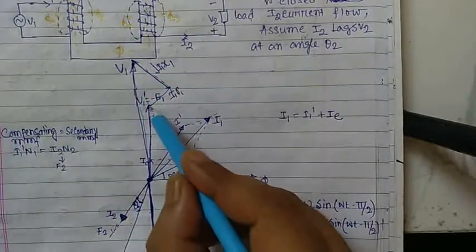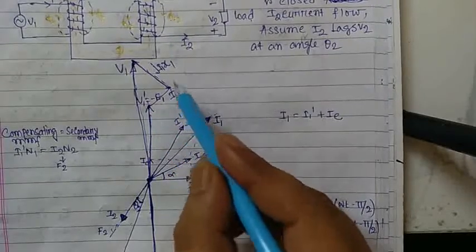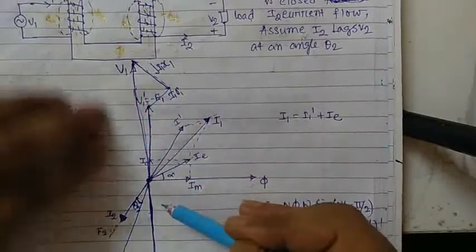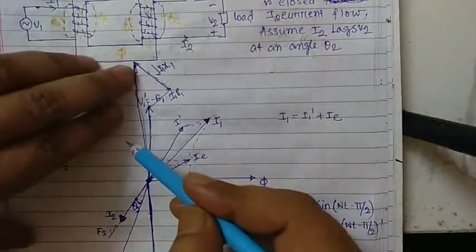So V1 dash, I1 R1 and j I1 X1, the phasor sum of these three gives the source voltage V1.